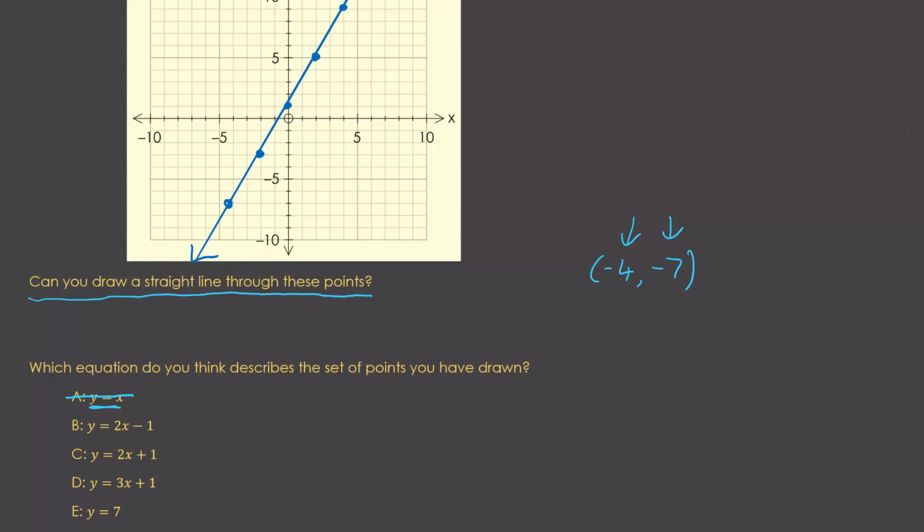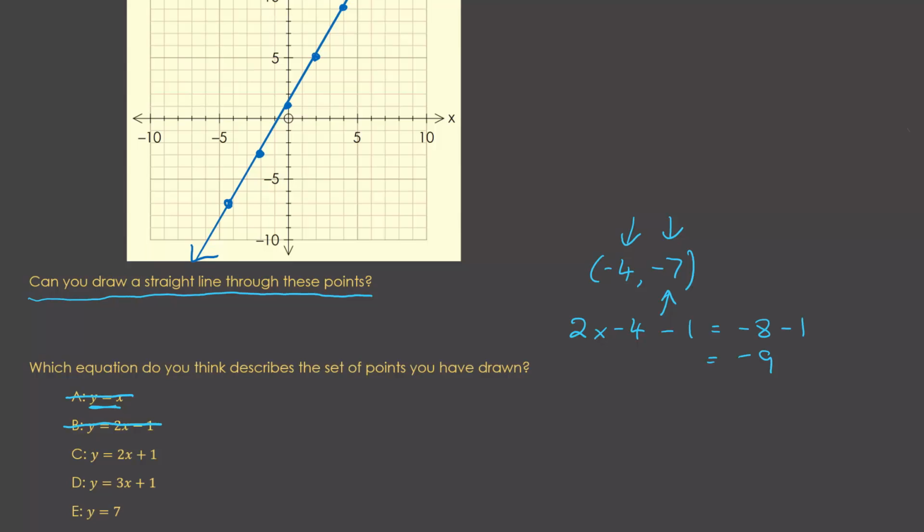The next one is y equals 2x take away 1. So if I do 2 times -4 and take away 1, that would be -8 take 1, which is -9. Now my y coordinate there is not -9, so it's not going to be that one.